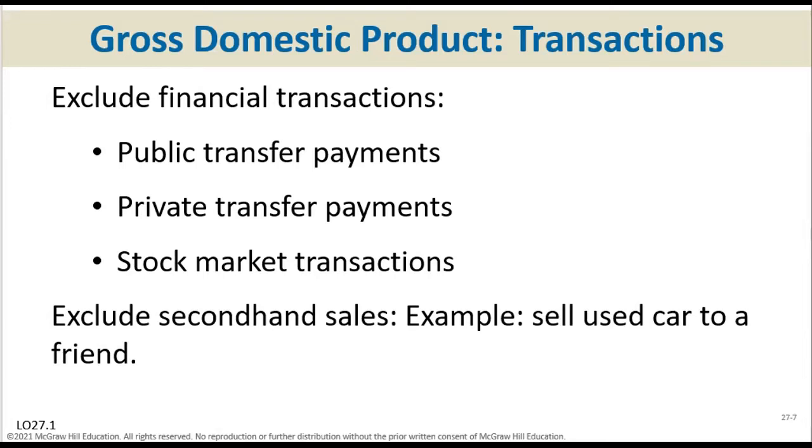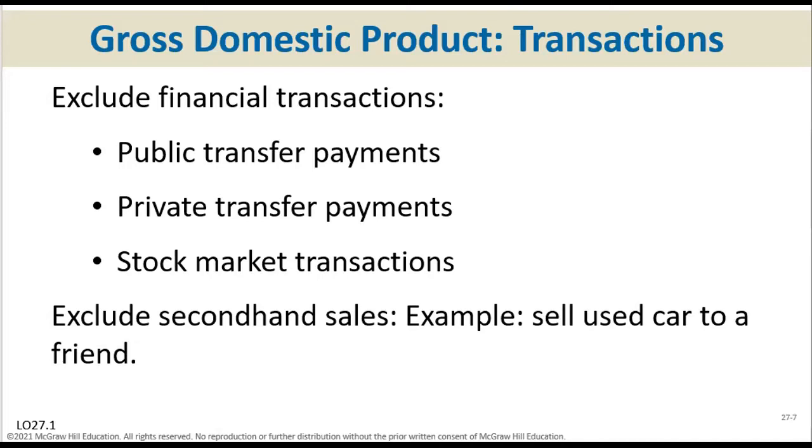Purely financial transactions are the public transfers, things like social security, and private transfers of payment, like you give an allowance to a family member, a Christmas gift, all those things. The people getting them are not adding anything to the production.